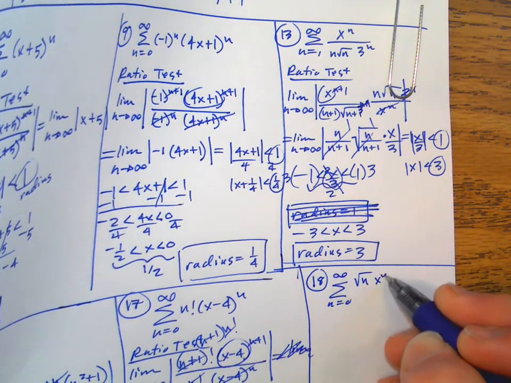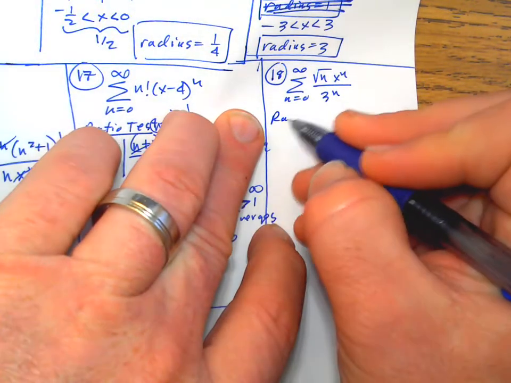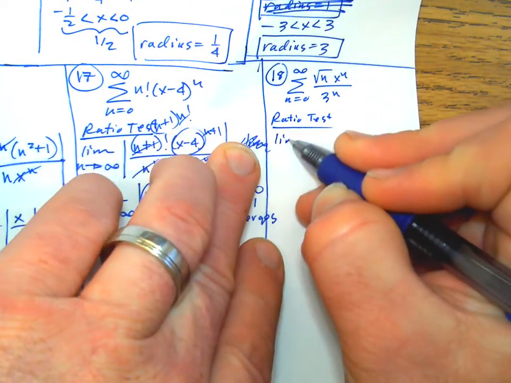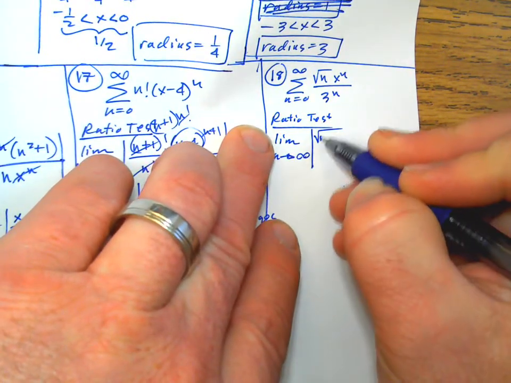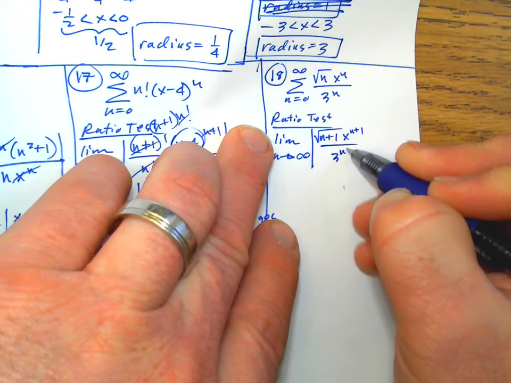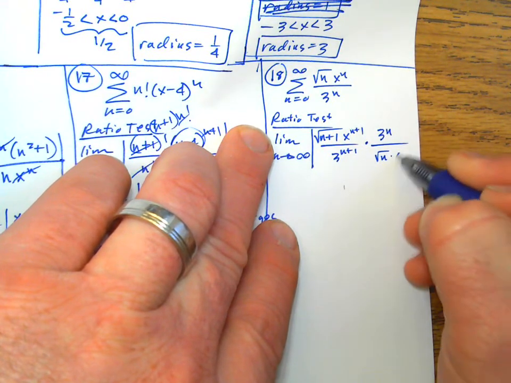Number 18. So 18, ratio test, limit as n goes to infinity, absolute value of the square root of n plus 1, x to the n plus 1, over 3 to the n plus 1, times 3 over square root of n, x to the n.